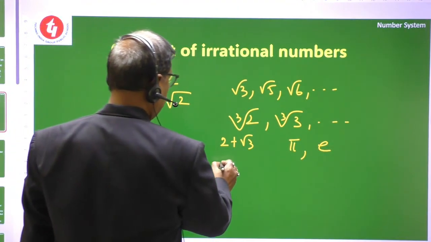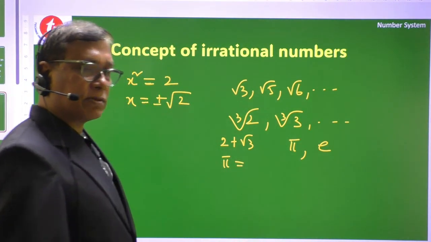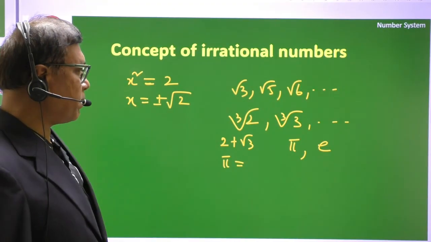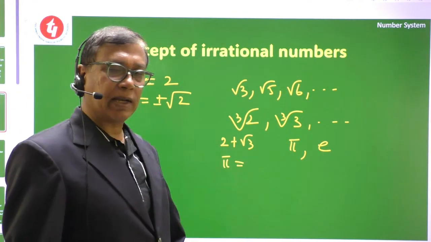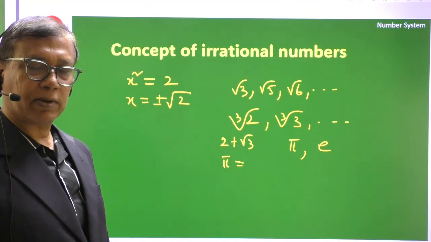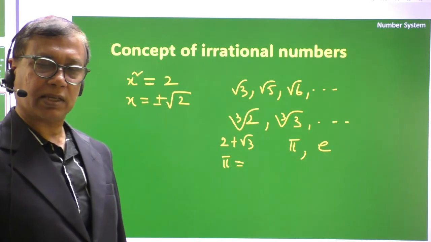And what is the value of pi? If I consider the decimal representation of pi, and we know in decimal representation of an irrational number, what? Non-terminating and non-repeating. Yes or no?